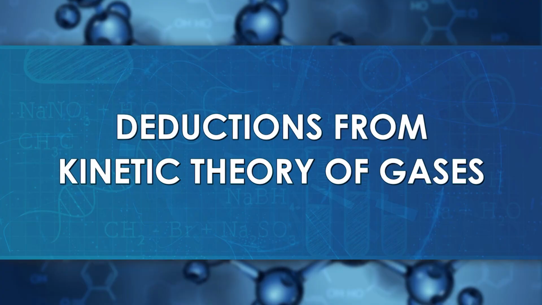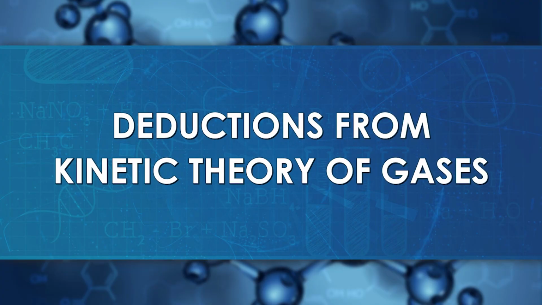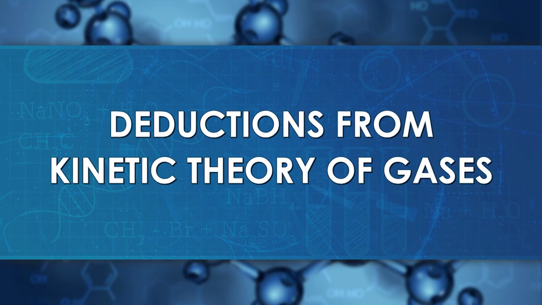In this session we will be seeing what deductions you can get from the kinetic theory of gases. We have seen the kinetic theory of gases, and from that we are going to deduce many things like Charles' law, Boyle's law, kinetic energy, and root mean square velocity.